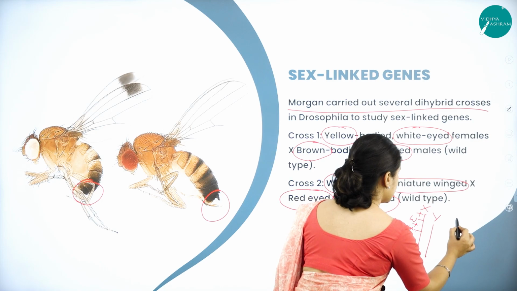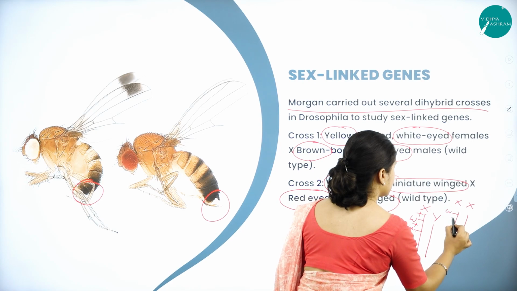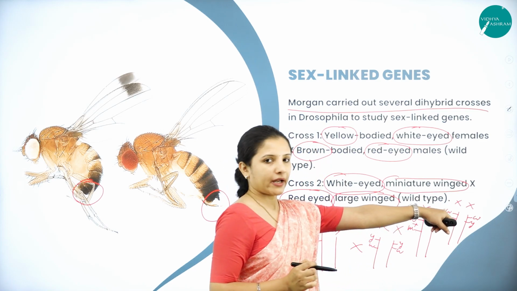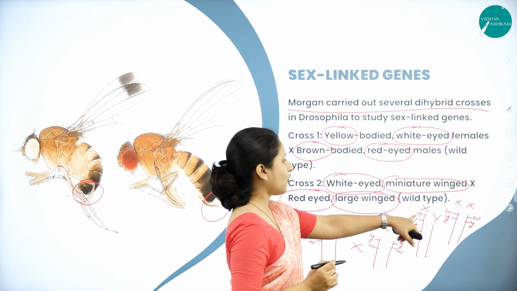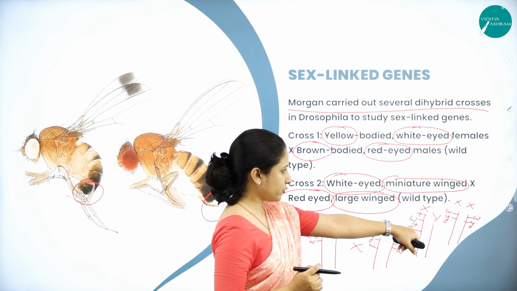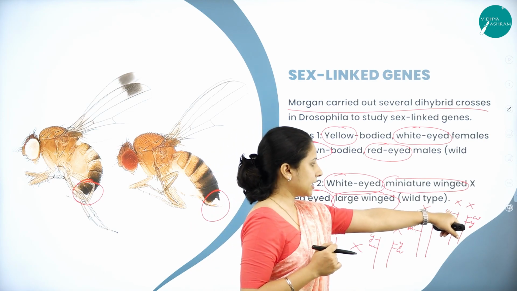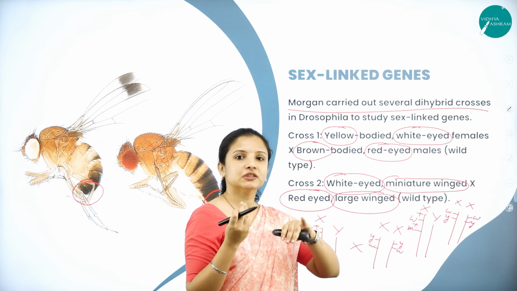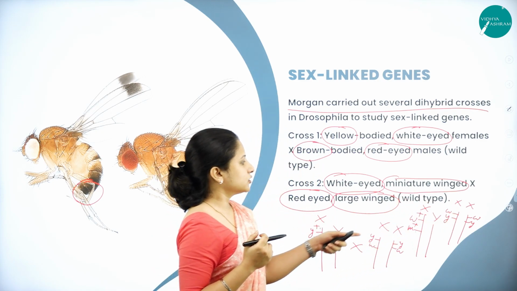And for the female, he used XX, wherein W, M and W, M. So W is for white eye and W plus for red eye. M plus is for large wing, which is seen in the male and they are dominant. And in the case of females, W is for white eye and M is for miniature wing, that is small wings. So these are the chromosomes with the respective genes that are involved.